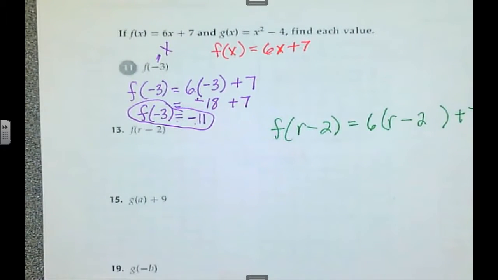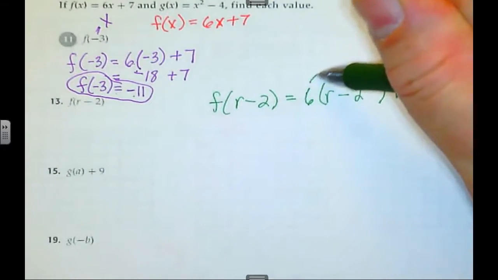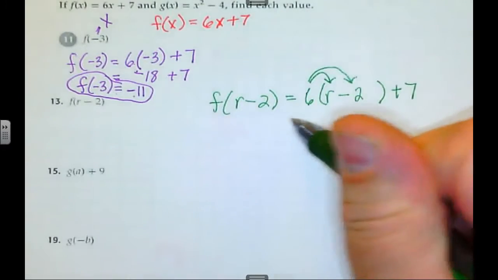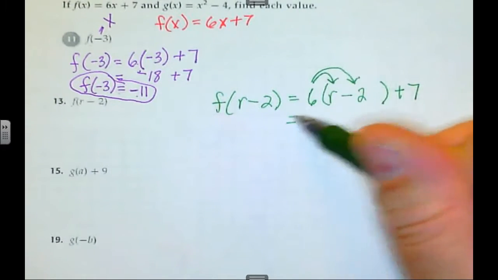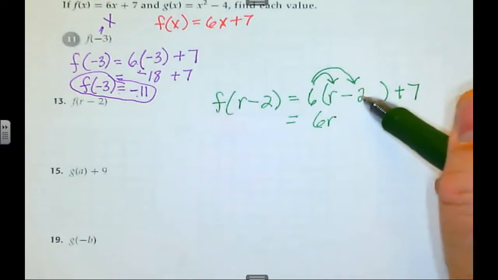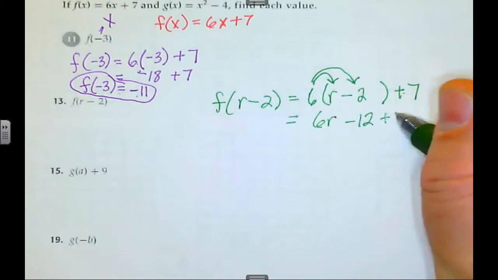You should be able to, in Algebra 1, simplify this. All you have to do here is distribute the 6 and then combine like terms. So 6 times r is 6r. 6 times -2 is -12, and then we have the +7.